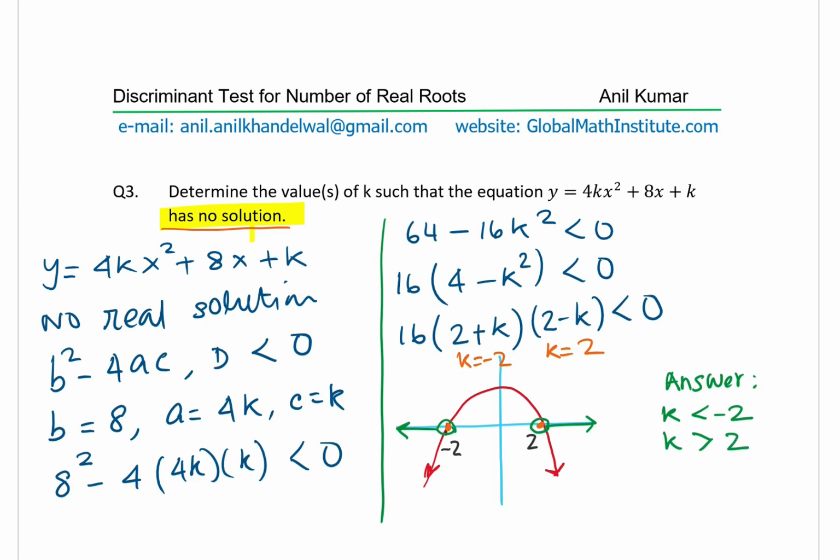Sometimes we also write this value as the absolute value of k is greater than 2. So that could also be part of a solution, only this. Or you write both of them as we have mentioned, right? So or like this.